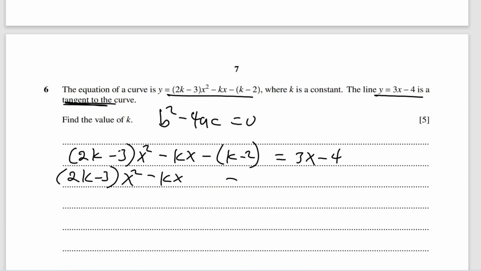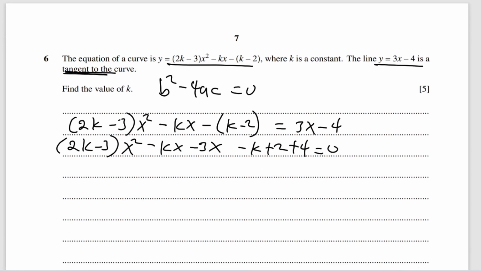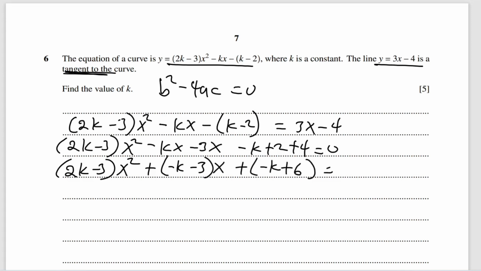But then I want to bring the 3x here, and then I can expand this definitely, and I'll bring the 4 there, equal to 0. All right, so that I can have (2k minus 3x) squared plus (negative k minus 3)x, and then plus (negative k plus 6) equal to 0.